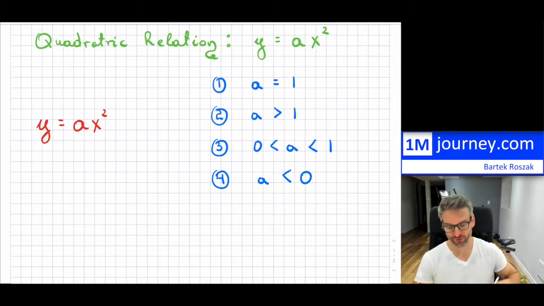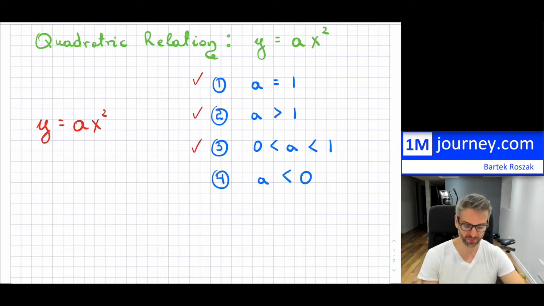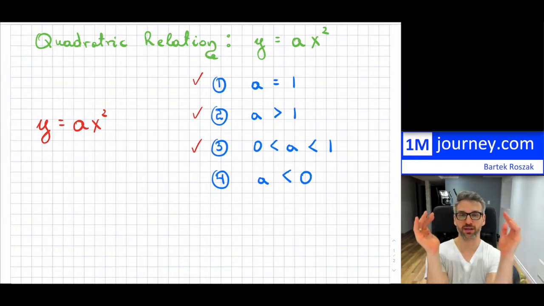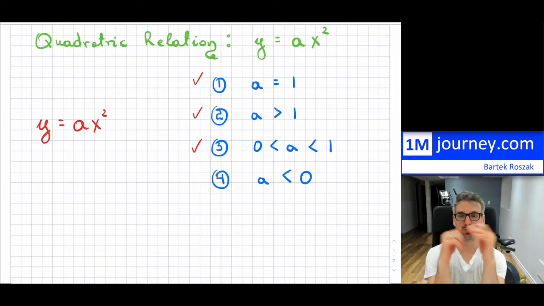We know that for the first 3 cases, because a is greater than 0, it's positive, which means that our relation, if we graph it, is going to open a parabola upwards. So we would see a parabola going up.